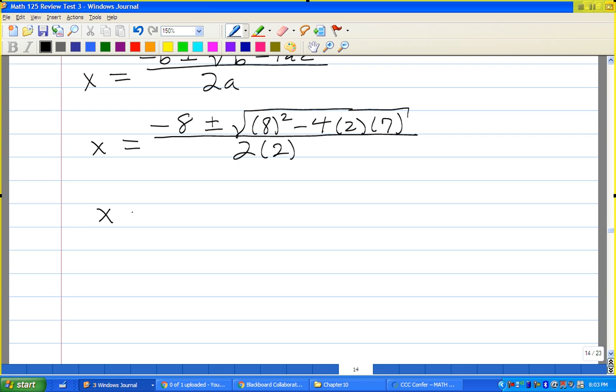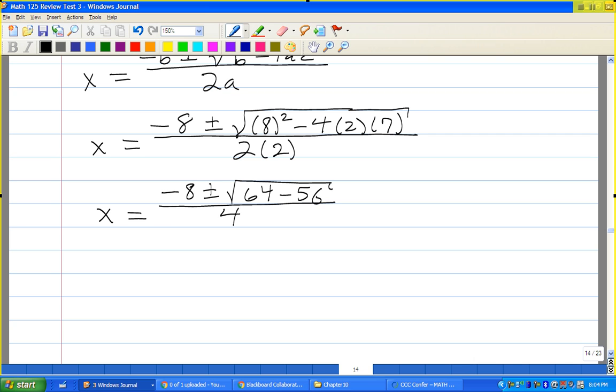Okay, so x is equal to negative 8 plus or minus the square root of 8 squared, which is 64, minus 4 times 2 times 7, 56, over 2 times 2, 4.